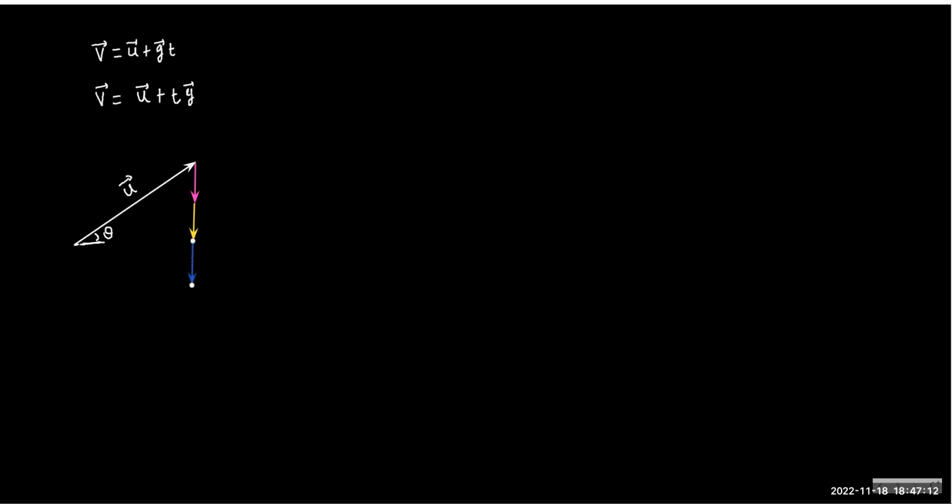But direction remains same, right? So we can clearly see that the V vector after some time will be here. Then again after some time it will be here. Again after some time it will be here. Do you all realize this?